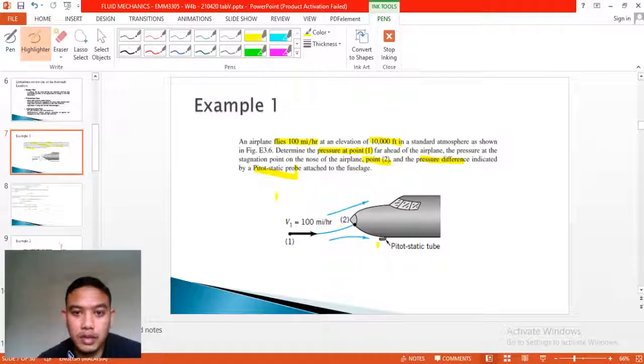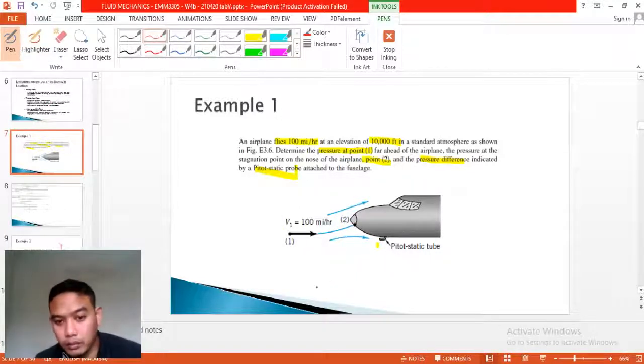So there are 3 things here: first, determine the pressure P1, P2, and also the pitot difference, P1 minus P2.